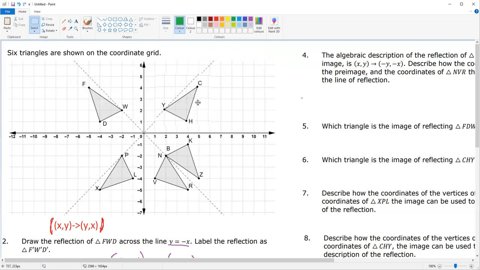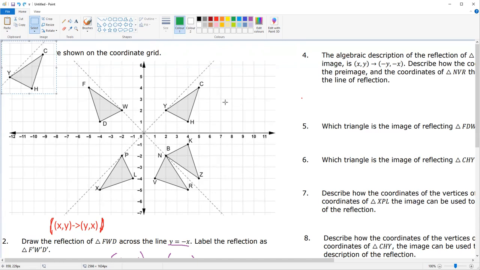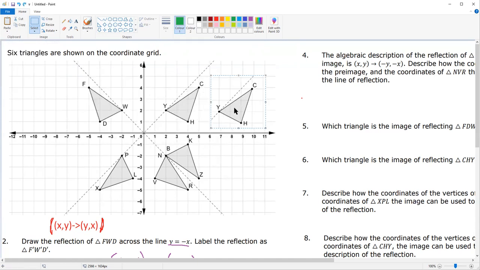Let me see if this thing will reflect. I'm going to copy this and rotate it 180 degrees. Well, that's not what I'm going to do. Let me not do that. Control Z. Control V. Let me see if it happens if I invert the selection.